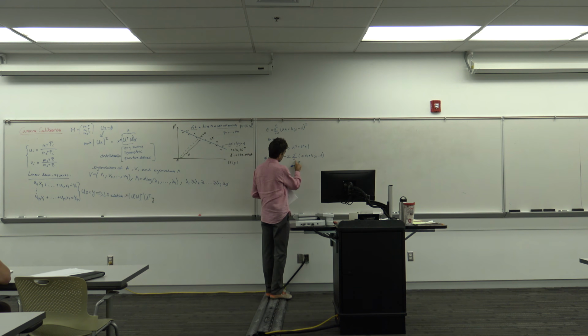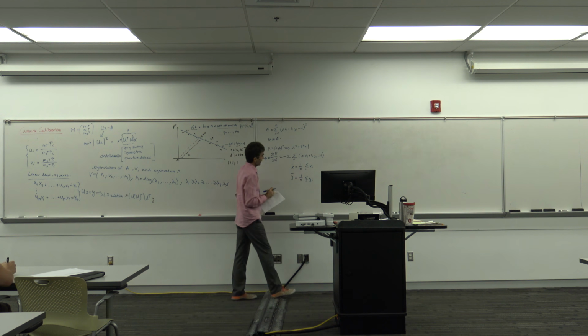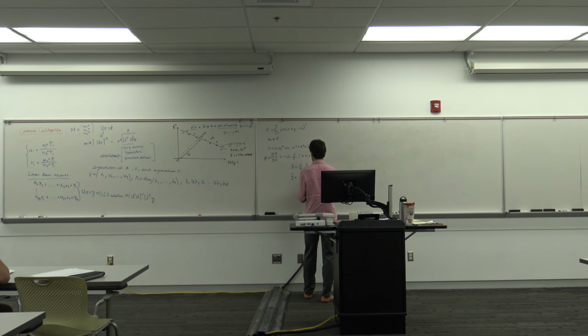So let's see. This sum of xi's and sum of yi's, I'm just going to call them x bar and y bar, which are nothing else than 1 over n, the sum for all i of the corresponding xi's and yi's. And therefore, I can write that a x bar, right, from here.